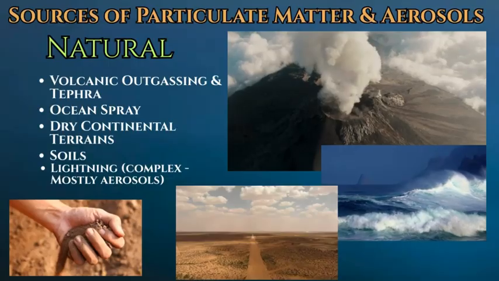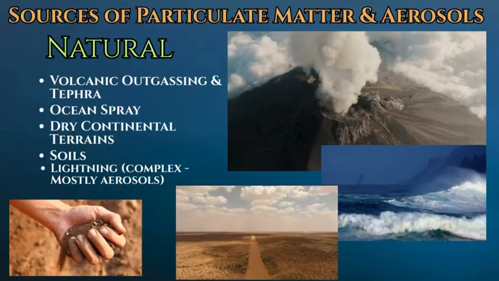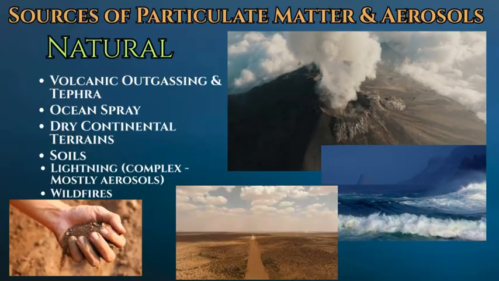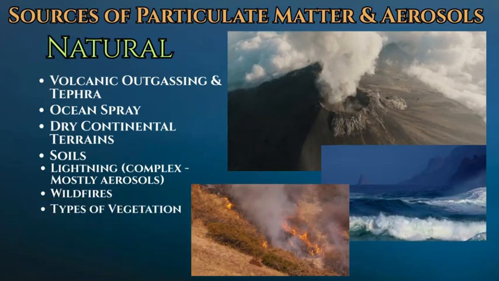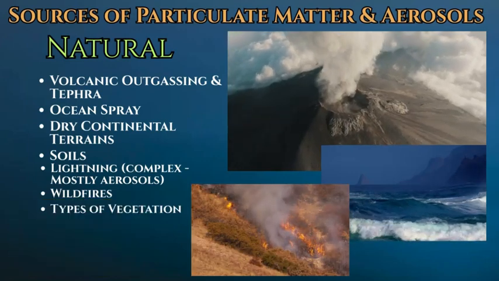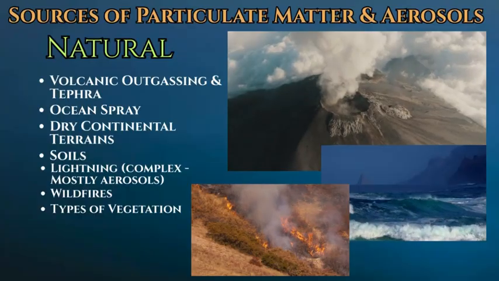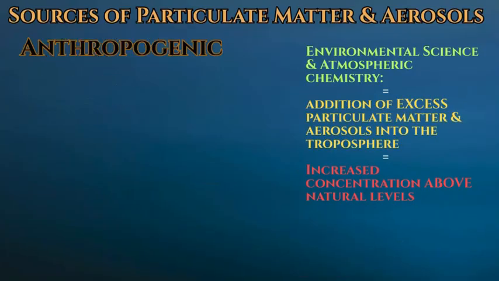Lightning can produce particulates in the atmosphere, wildfires, and different types of vegetation in terms of providing organic material and matter into the atmosphere.